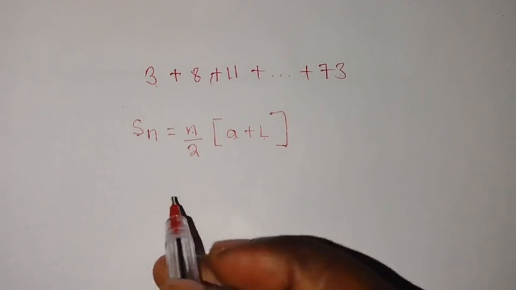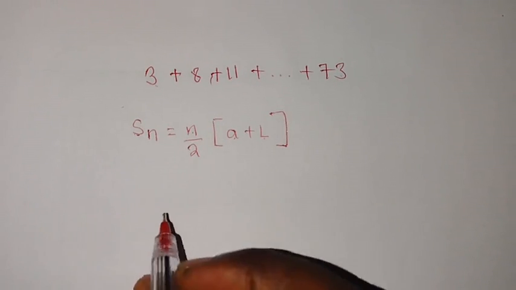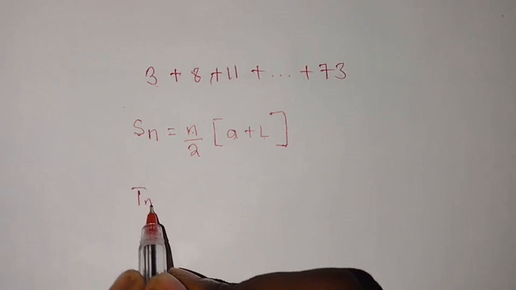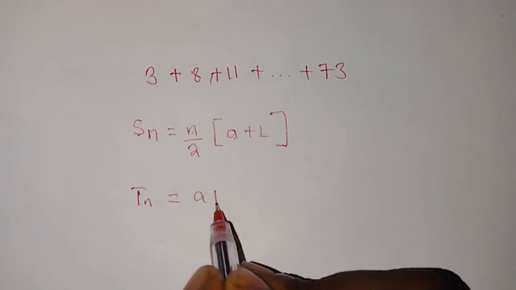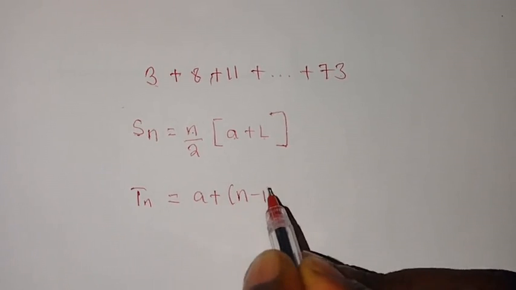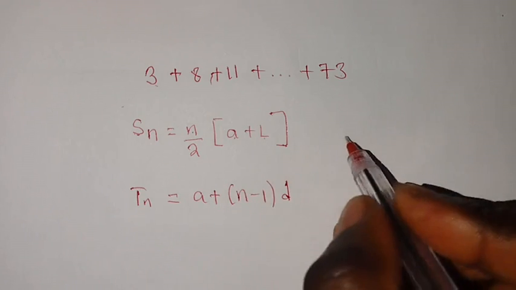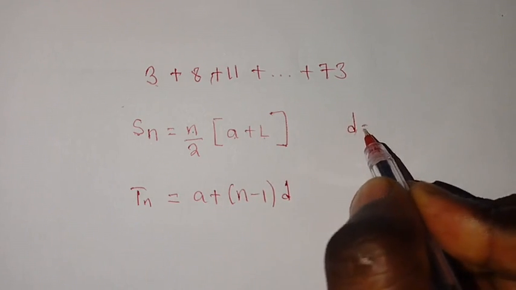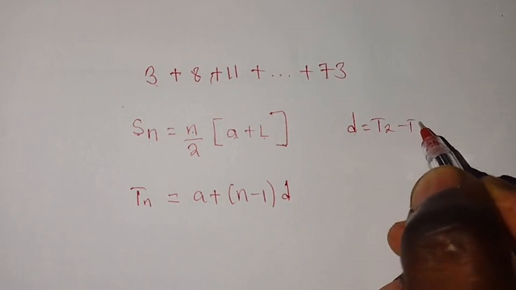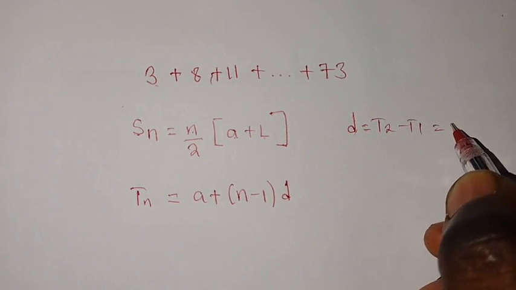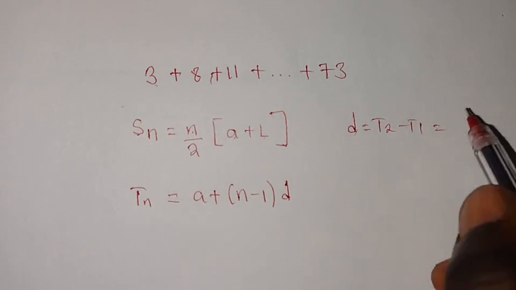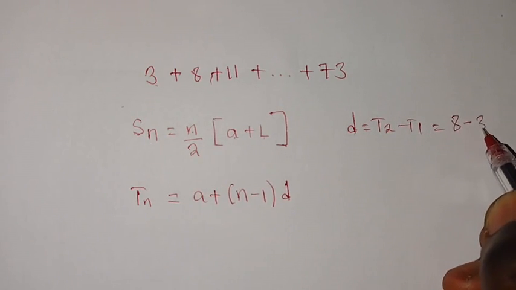First thing, let us find the value of n. We are going to use this formula: T subscript n is equal to a plus, bracket n minus 1 close bracket, d. From this sequence we can find our common difference to be term 2 minus term 1. Our term 2 is 8, our term 1 is 3.